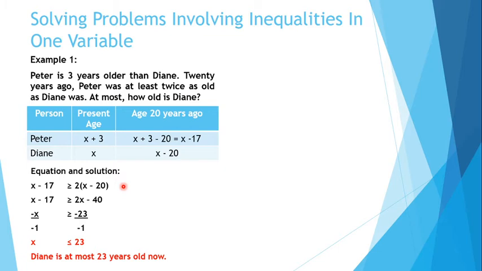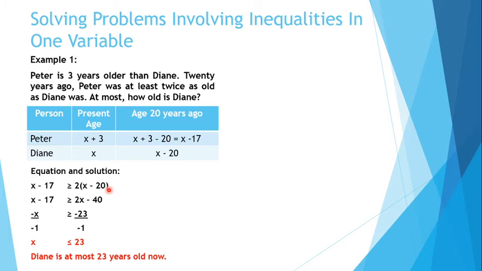So this means, class, that if we are to assume that Diane is 24 years old, it will not satisfy our inequality because the age of Diane should be at most, or at a maximum of, 23 years old now. So again, the 23 is not the unique answer here because we can substitute any number that is less than 23 too.